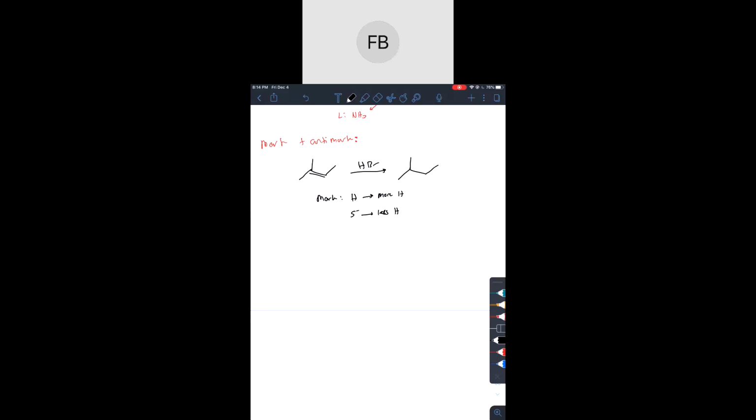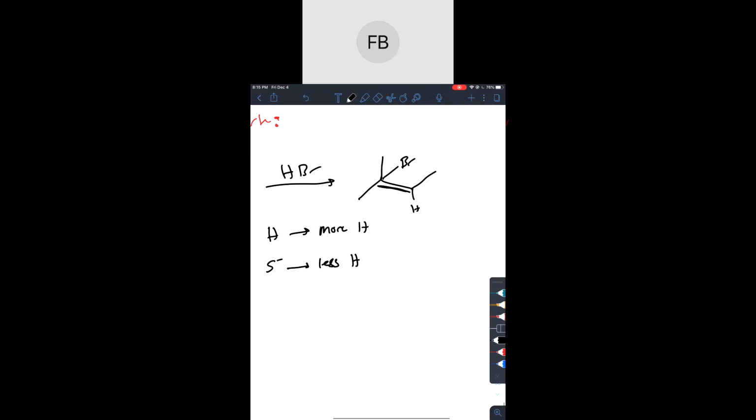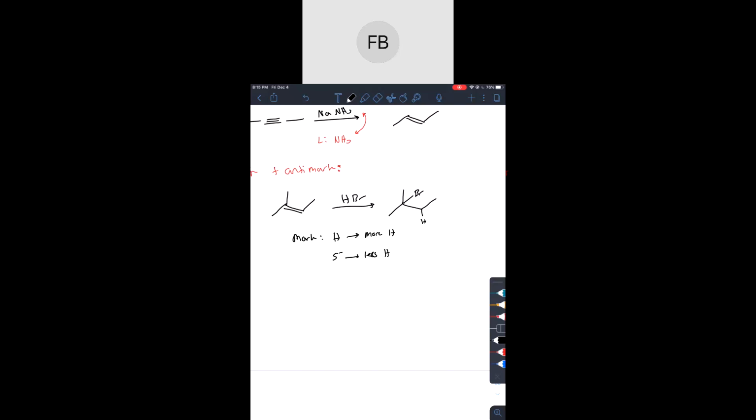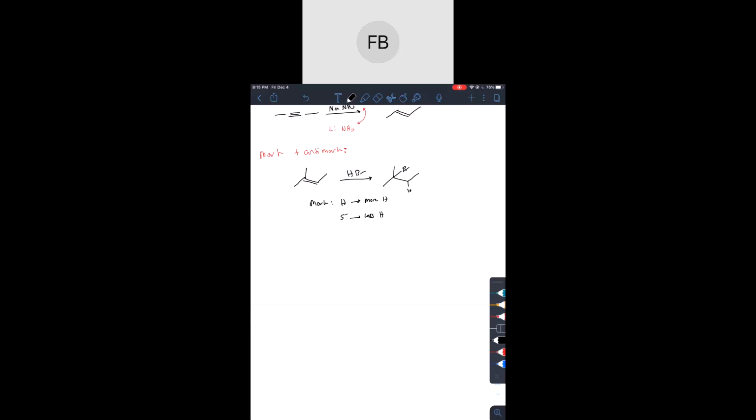So what this essentially ends up doing is taking away that double bond. In adding a bromine here and a hydrogen here, this double bond can no longer exist on that bond, right? Because you can't keep a double bond there and somehow still have a bromine on there, because that violates octet. So the idea behind Markovnikov and anti-Markovnikov is that you add two things to each side of a double bond to remove that pi bond.